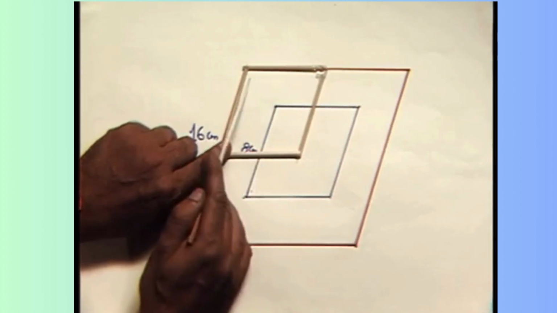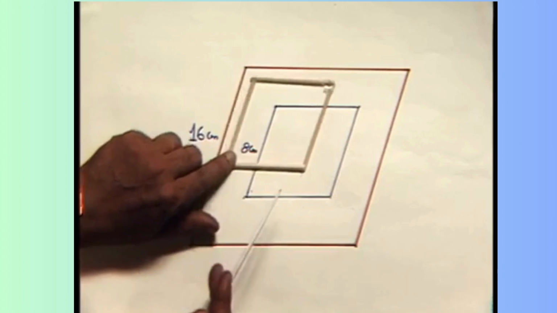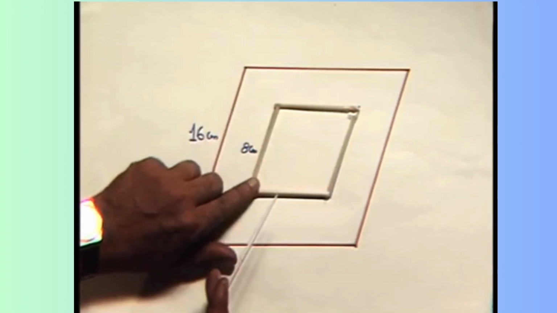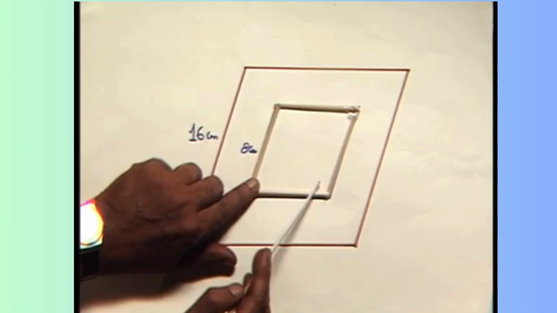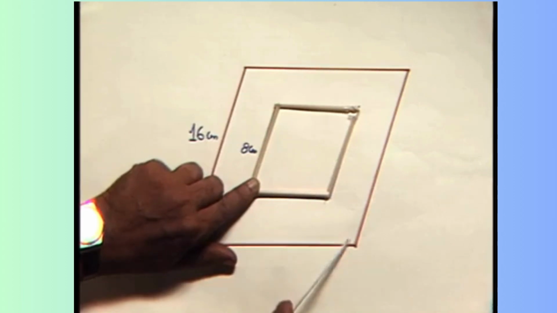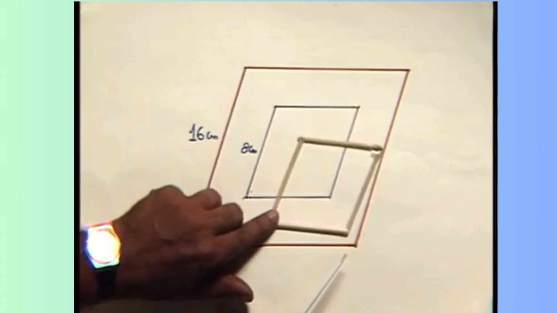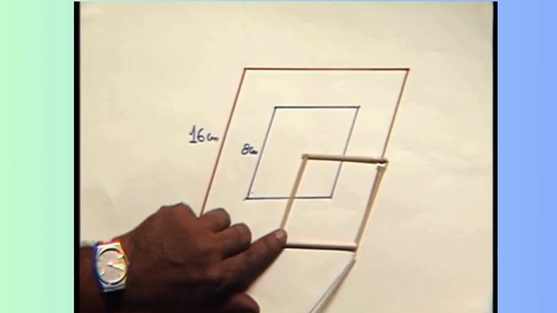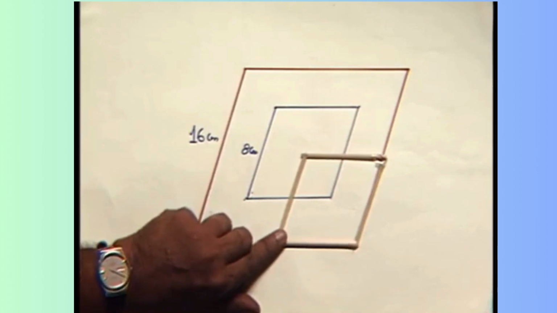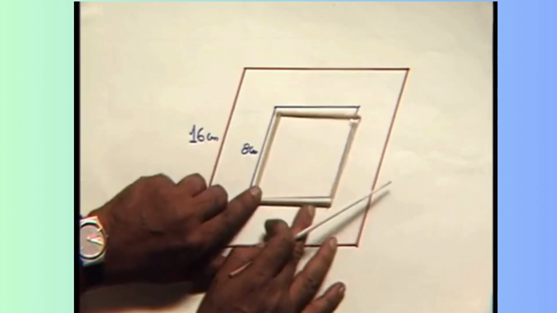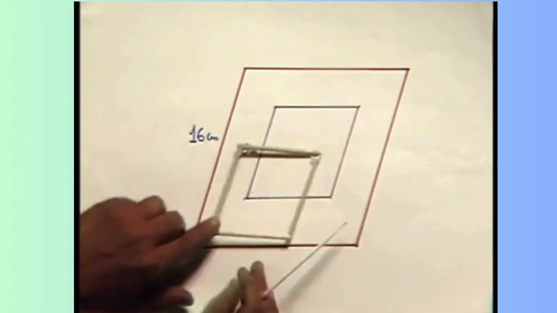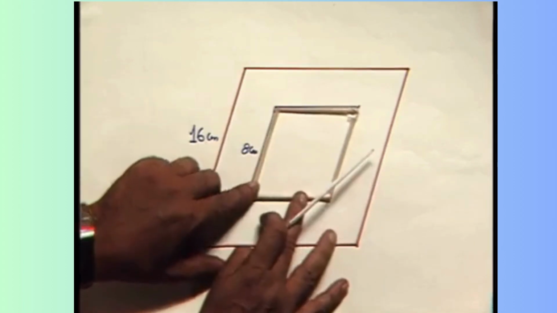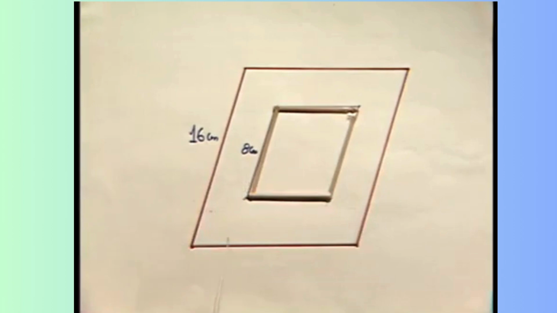These two angles are also equal. Looking at the third angle, this and this, they two are equal. So, in these two figures, we find that the corresponding sides are proportional, the ratio being 2:1, and the corresponding angles are also equal.